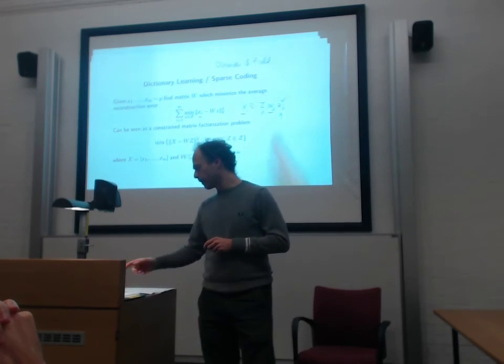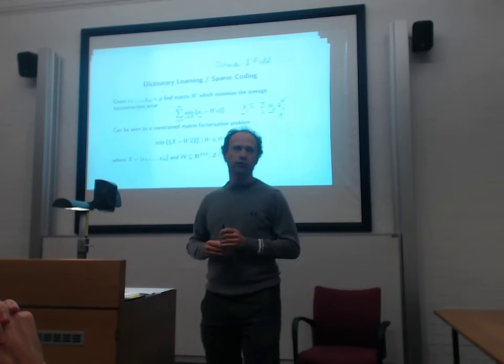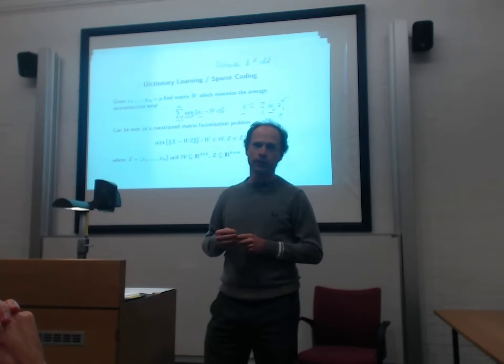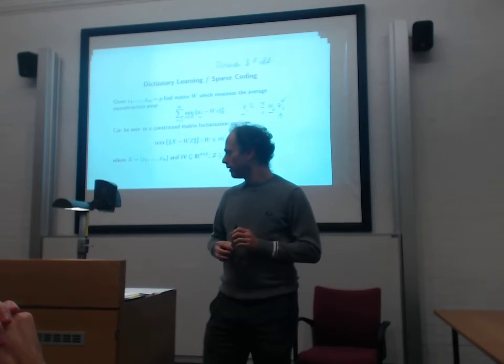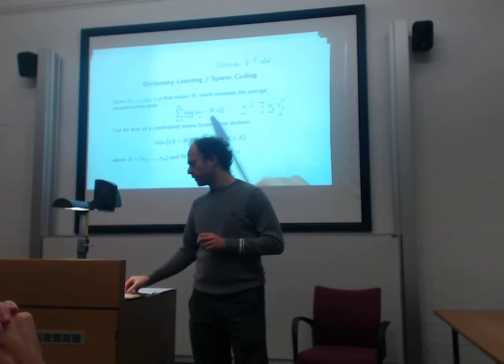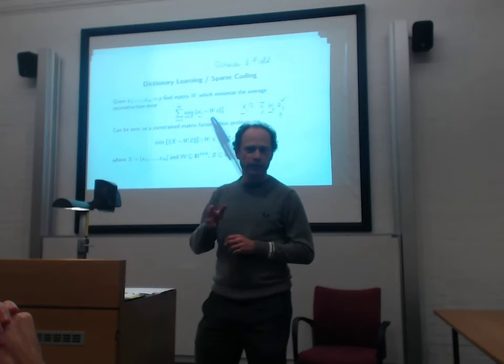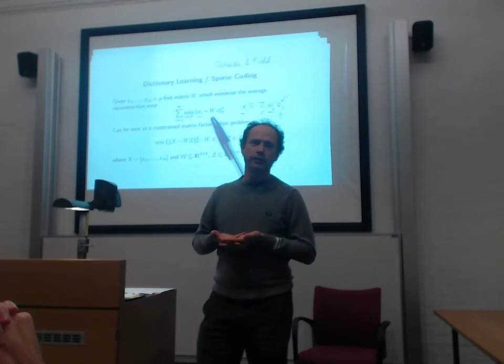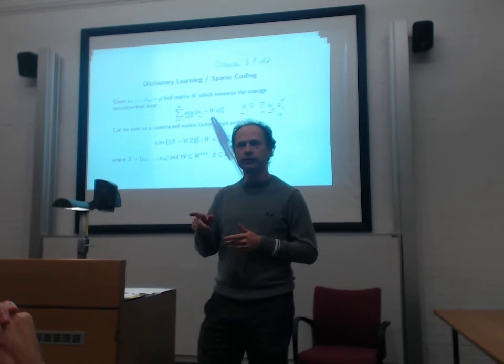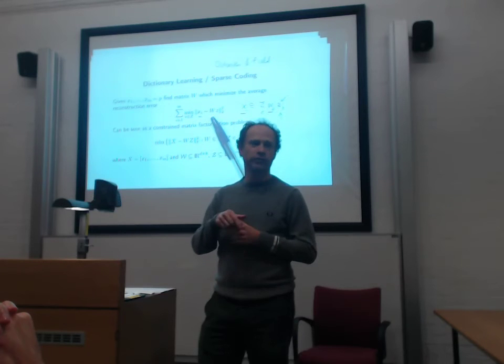So these people were saying that instead of doing the principal component analysis of the data, you could try to find a dictionary, this matrix W, a set of basis vectors which can be more than 16 times 16. So in PCA, if you have 16 times 16 dimensional inputs, you will find at most 256 principal components, because they need to be orthonormal.